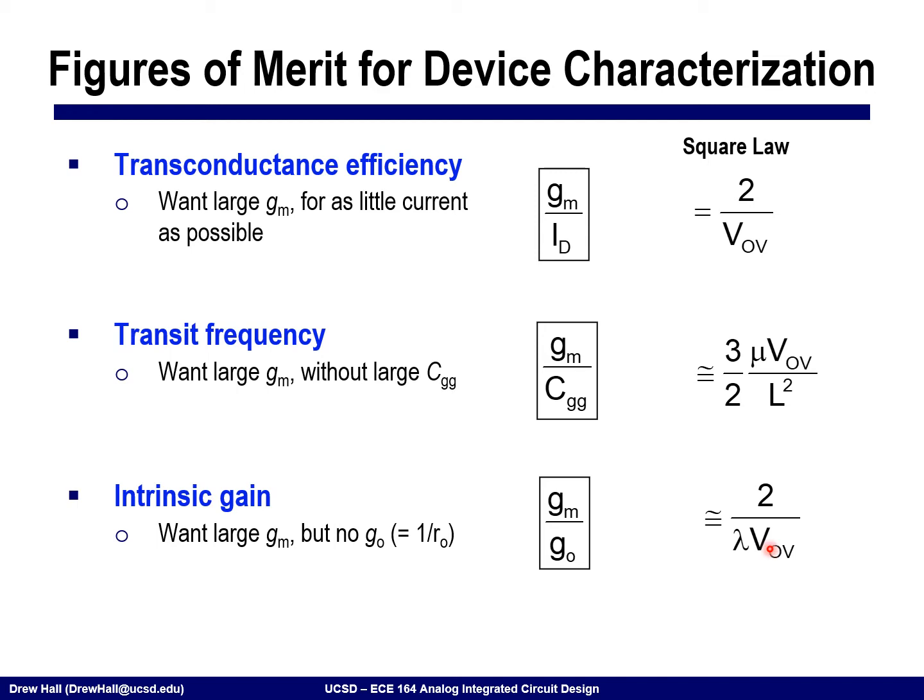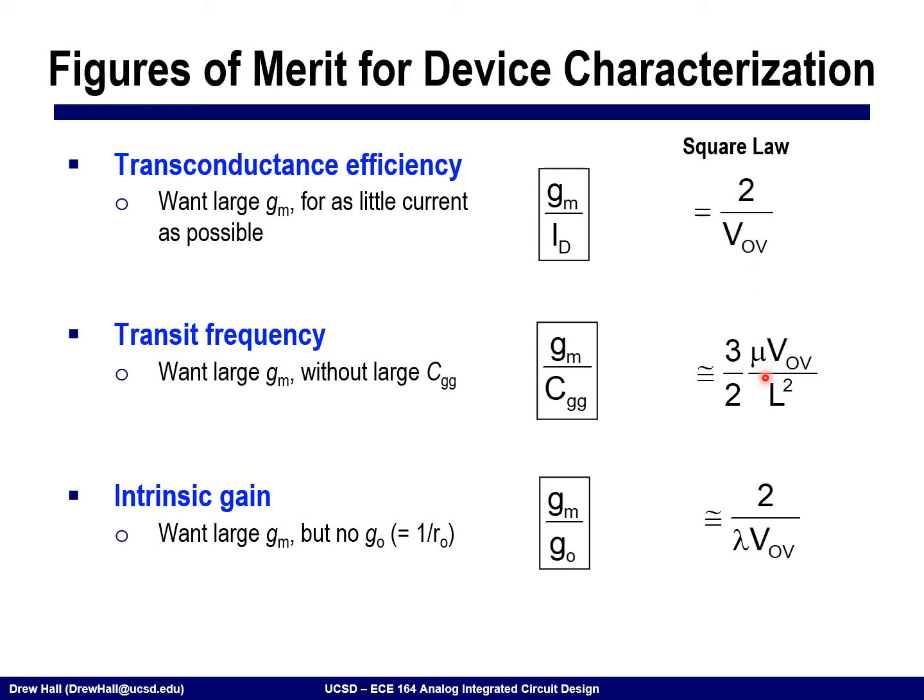Importantly, you'll notice that these quantities all in some sense make sense. If I want high transconductance efficiency, that really means I want very low overdrive voltage. So I want to minimize the overdrive voltage, put the device either in subthreshold or right at the edge of moderate inversion.